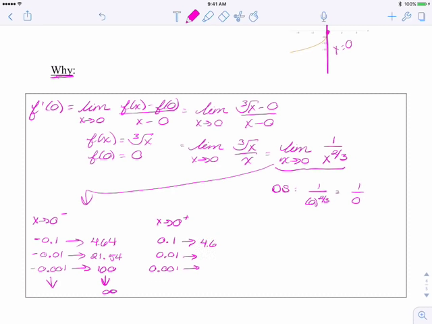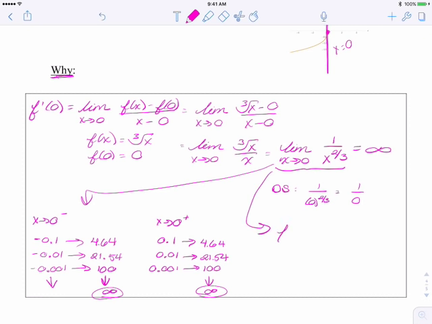So the function values are going to turn out to be exactly the same. So we have an increasing without bound situation, which means that this two-sided limit, because the function behaves the same on the left and on the right, we can say that the two-sided limit is equal to infinity, which means the limit does not exist because the function on both sides of 0 increases without bound.